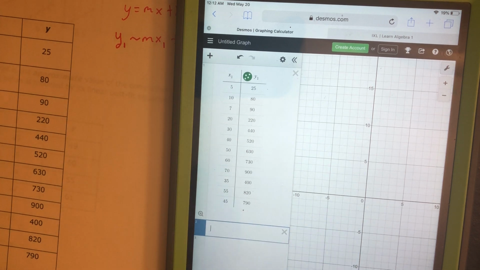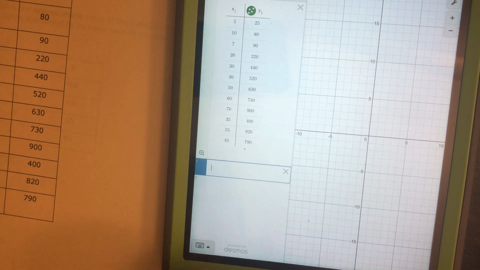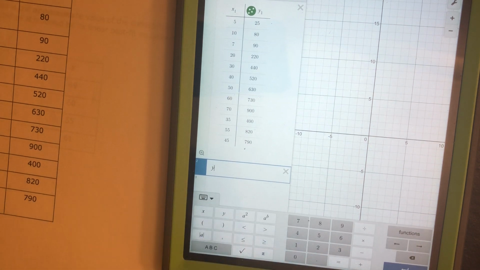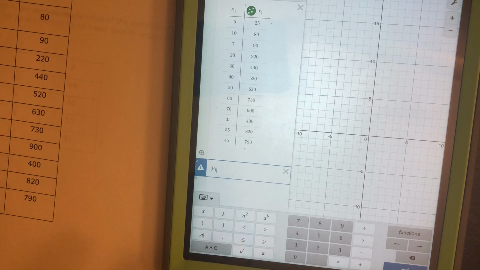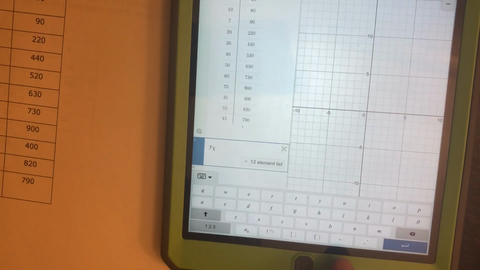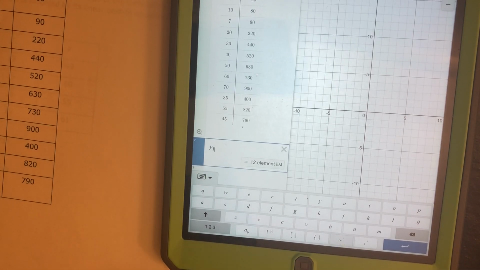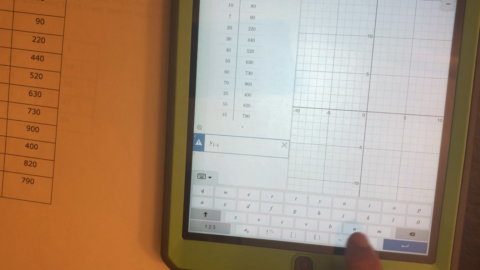Okay, so let's go ahead and type that in. So we're going to type in y subscript of 1. So if you click here, the one that says a to the subscript of b, go back to the numbers and click 1. That should give you y subscript of 1. And then click ABC again, and then click the little curly symbol, and then mx.